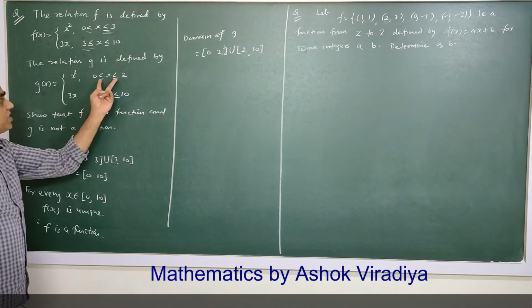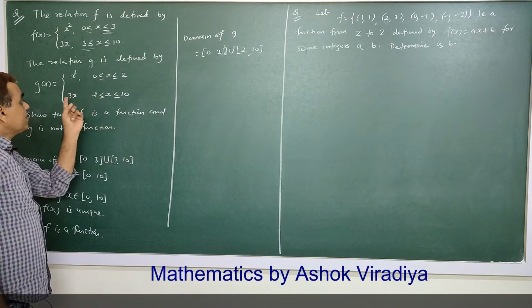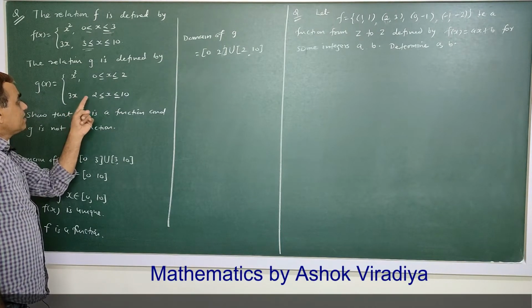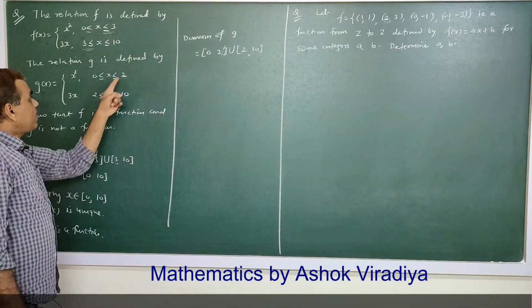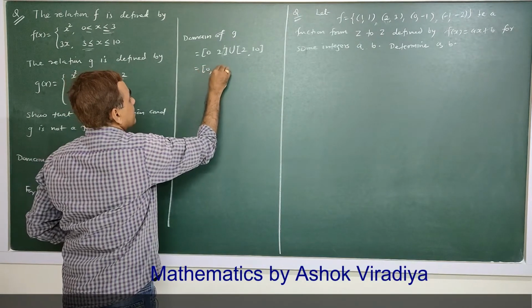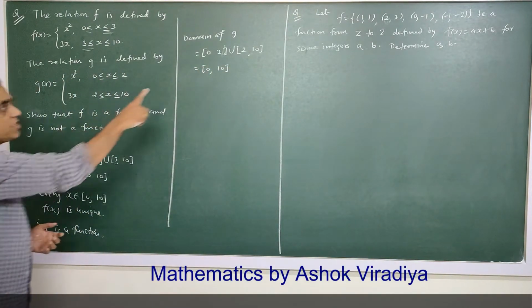If x is from this interval, its image is x square. If x is from this interval, its image is 3x. And you can see that here 2 is common in both parts. Their union is 0 to 10. This is the domain of G.